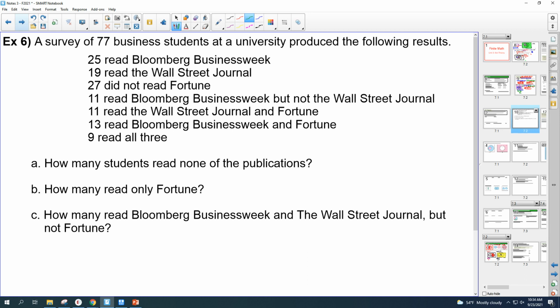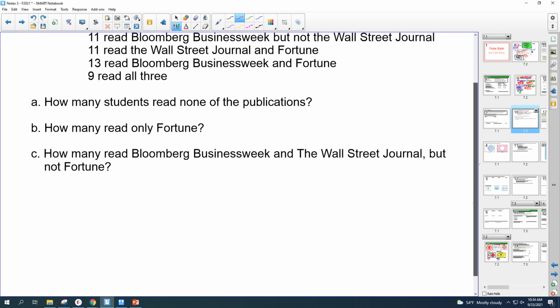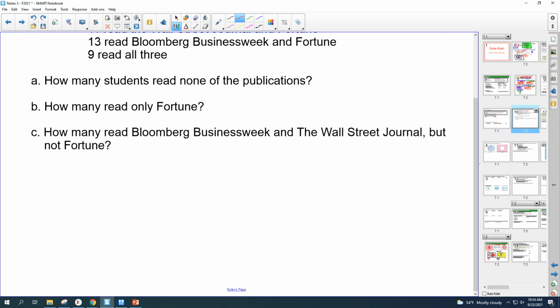So we look at this problem. How many sets are there in this problem? 3. There are 3. We're going to have a set for Bloomberg Business Week. We're going to have a set for Wall Street Journal. And we're going to have a set for Fortune. And so remember, I draw my picture like this.